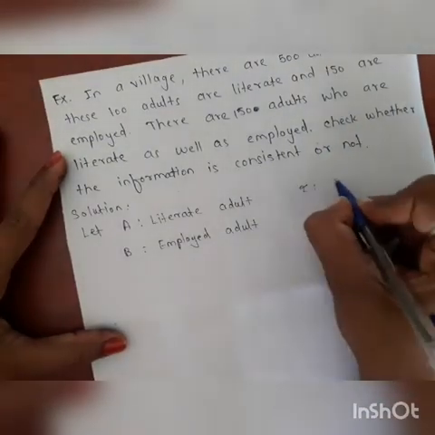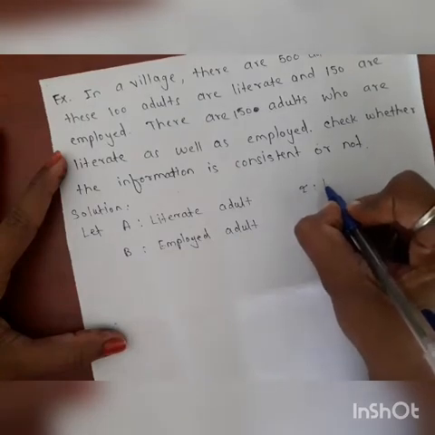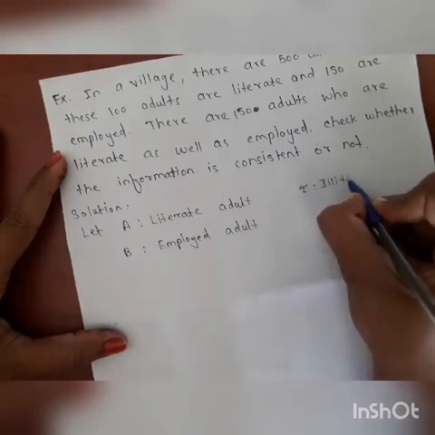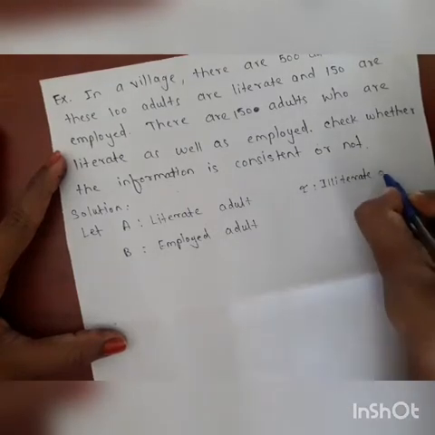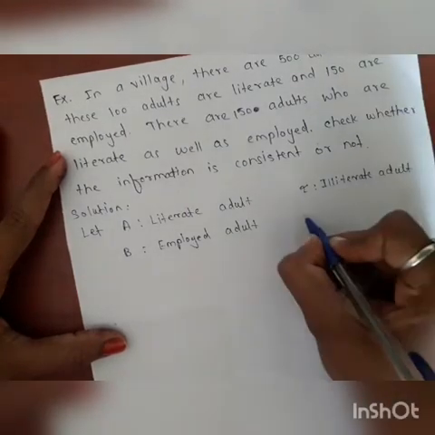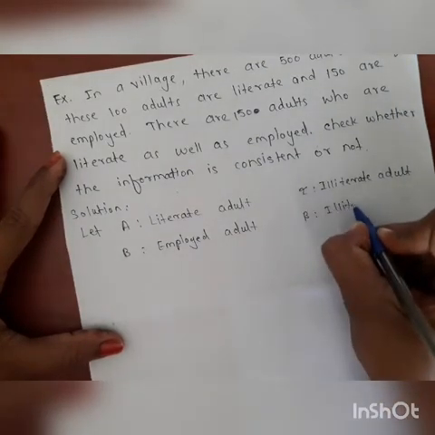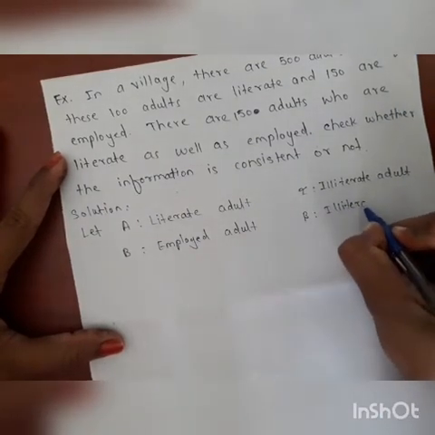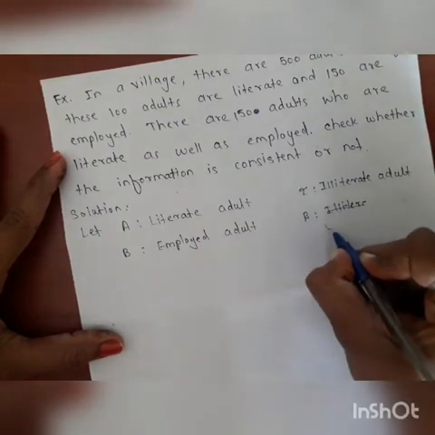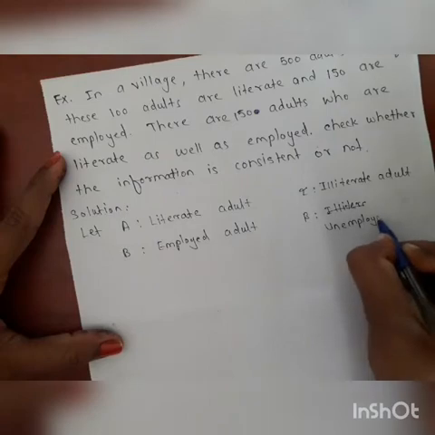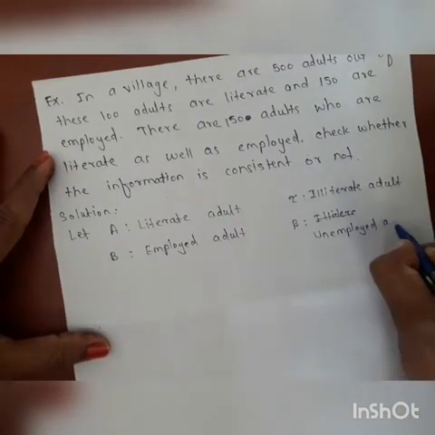Then α is illiterate adult and β is unemployed adult.